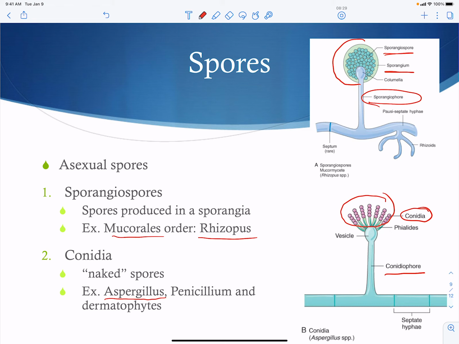Then we have septate hyphae, associated with Penicillium, Aspergillus, and the dermatophytes. And Rhizopus species, which have sporangiospores, have rhizoids, which look like little claws that grow off of the hyphae.